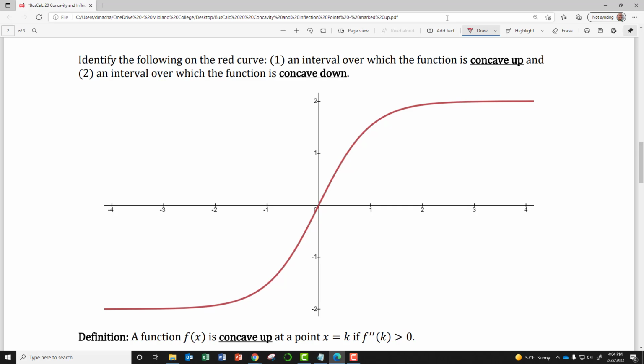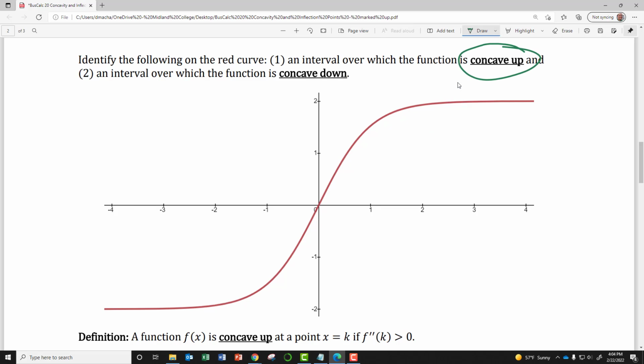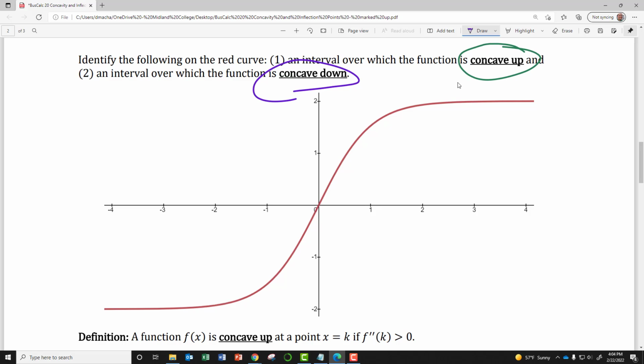So let's look at this red curve now and determine when we are going to be concave up and when we are going to be concave down. Well, it's much more difficult to see in this red curve because we're increasing everywhere on it, right?